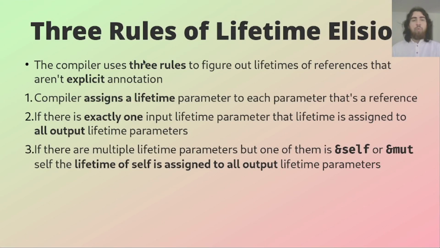Let's see. There are three rules of lifetime elision. The first rule states the compiler assigns a lifetime parameter to each parameter that's a reference. Second, if there is exactly one input lifetime parameter, that lifetime is assigned to all output lifetime parameters. Third rule, if there are multiple input lifetime parameters but one of them is a reference to self or a mutable reference to self, the lifetime of self is assigned to all output lifetime parameters.